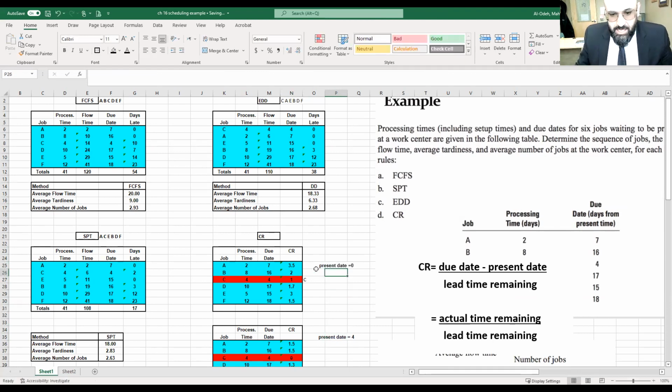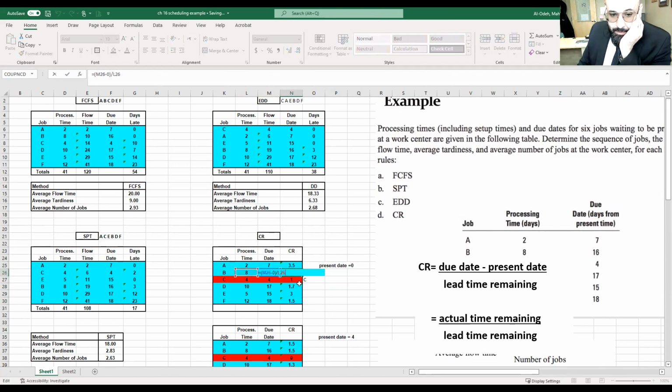We are on day 0. So 16 minus 0 divided by the process time, that would be 2. And for C, that would be 4 minus 0 divided by 4, that will give you 1, and so on.